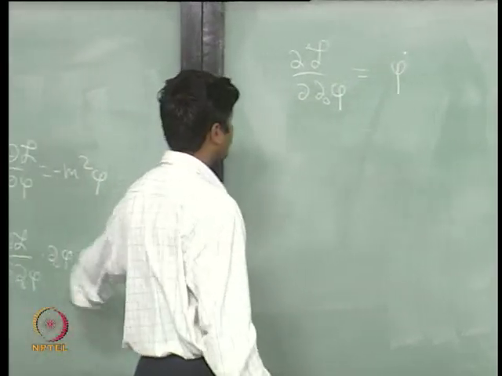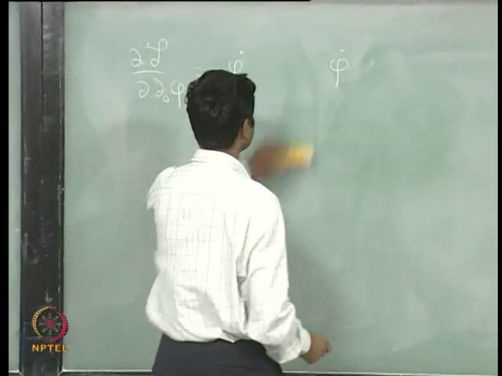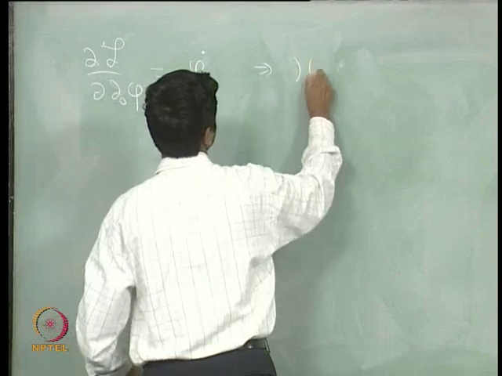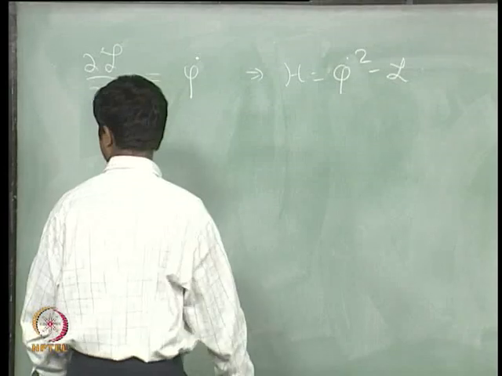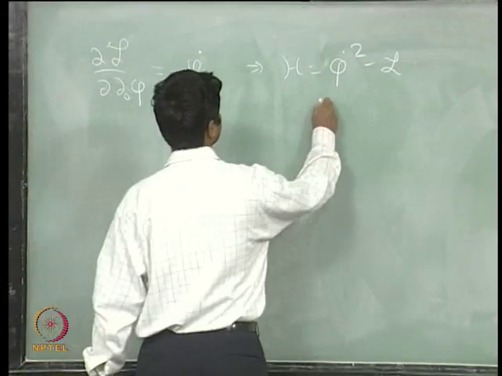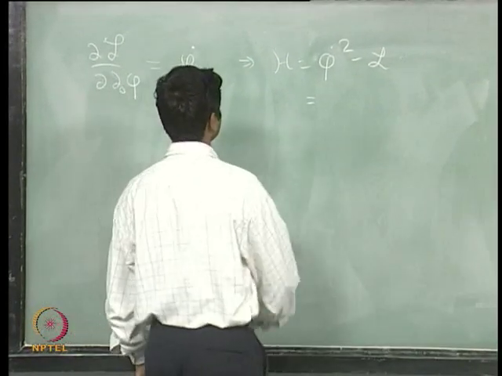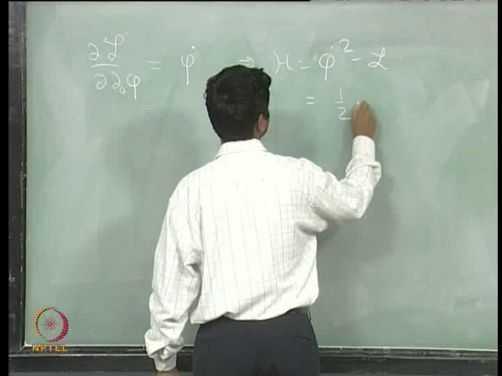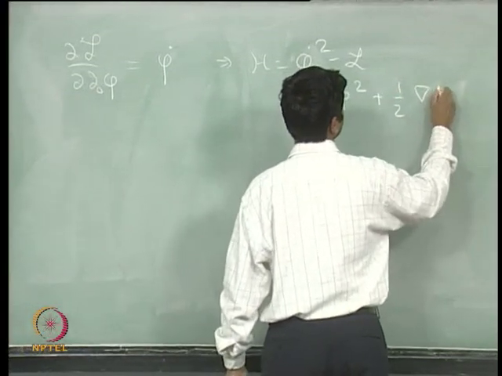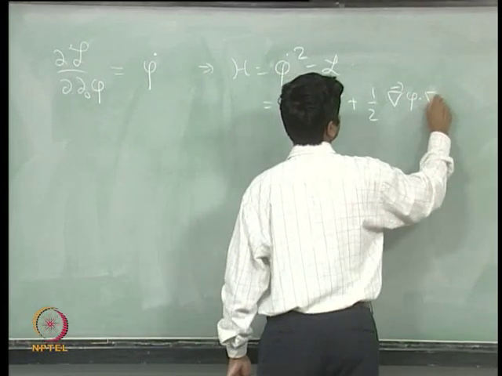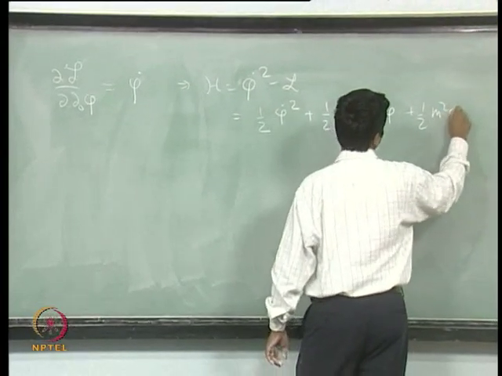So, the quantity inside the bracket is phi dot square, and the Hamiltonian density h is phi dot square minus L, and this will give us half phi dot square plus half grad phi dot grad phi plus half m square phi square.